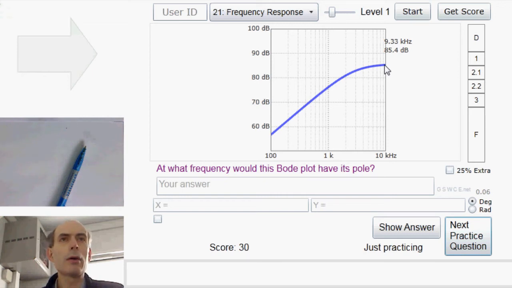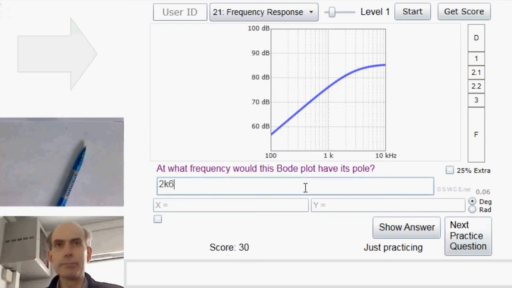That would be about 82.4 dB. So go down here until we find 82.4 dB. There. That is the frequency at which we are 3 dB down on what looks like approximately the final value. And that's 2.6 kilohertz. That's probably close enough.